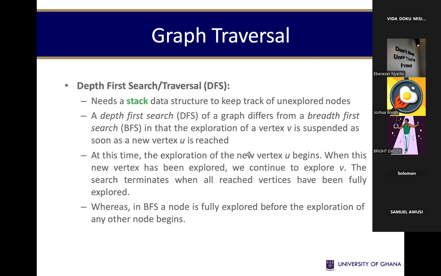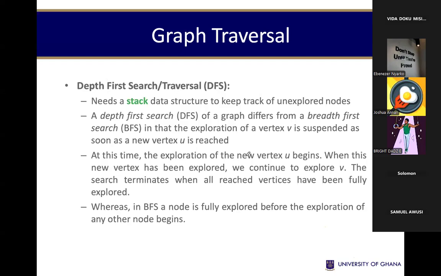Now, a depth first search of a graph differs from the BFS in that the exploration of a vertex v is suspended as soon as a new vertex u is reached. So once we identify a new vertex u, we stop the others and we attend to that one. That's why we say the last one who comes in will preempt the people already in the queue.